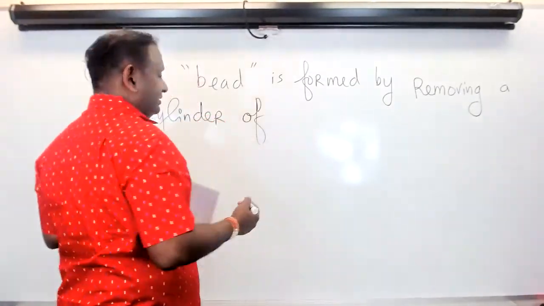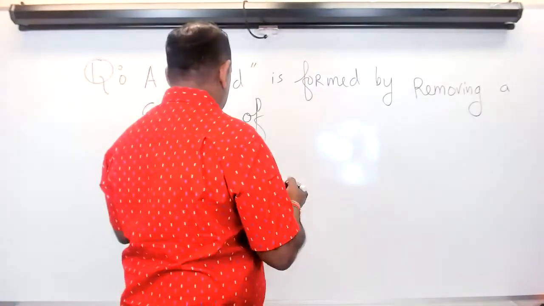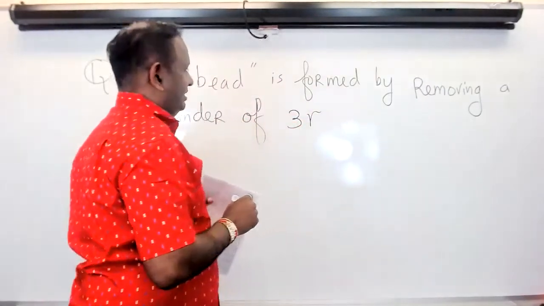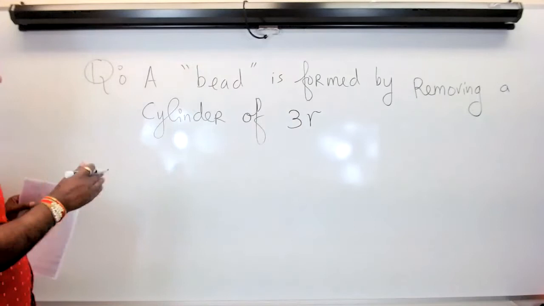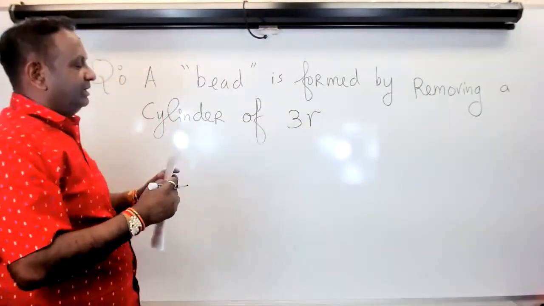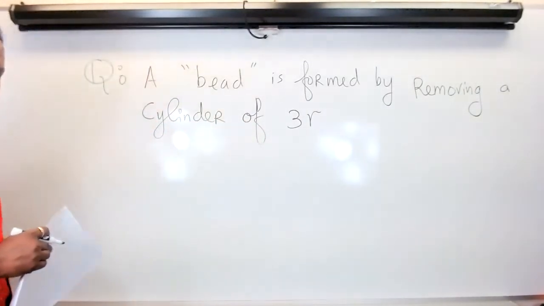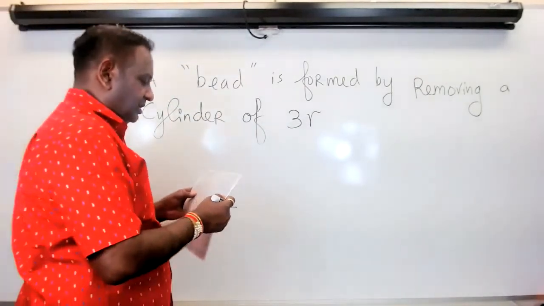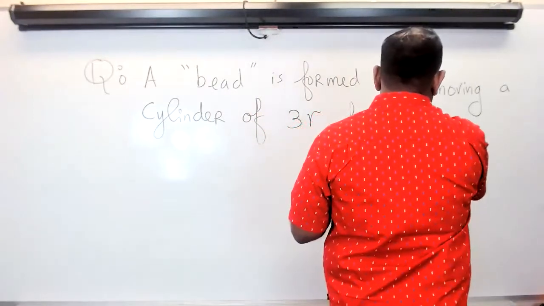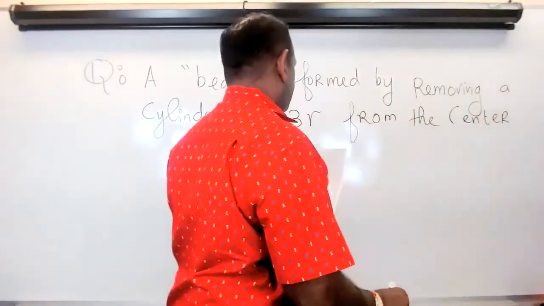being characterized, given with the aid of its radius of 3r. Be careful, 3r. That's the radius of the cylinder. We're going to come back and discuss everything elaborately later on. For the time being, just have a look at it. 3r from the center of a sphere.